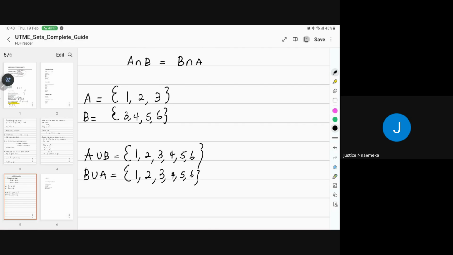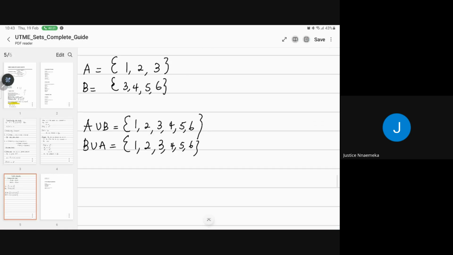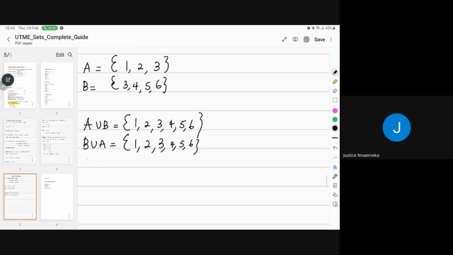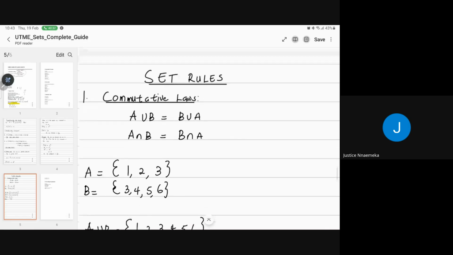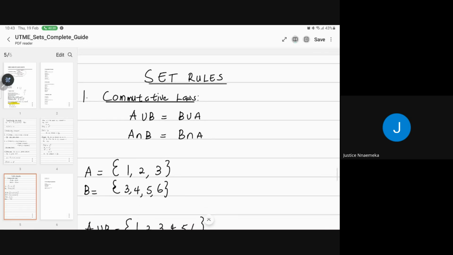Now, let's look at A intersect B. What they have in common is 3. Then B intersect A will still give you the same 3. So they are commutative. Union and intersection are commutative.